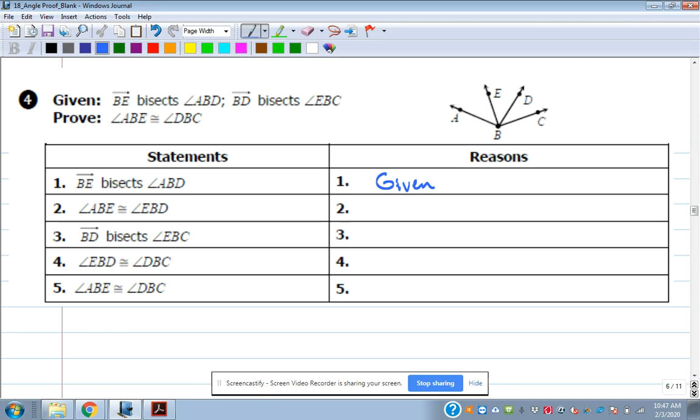Well, what's ray BE? It's bisecting, right? So it's bisecting what? Bisecting an angle. So it's an angle bisector. So what do we have on our page here about angle bisectors? The definition of angle bisector says if you've got an angle bisector, it cuts it into two equal parts. So that's the definition of angle bisector.